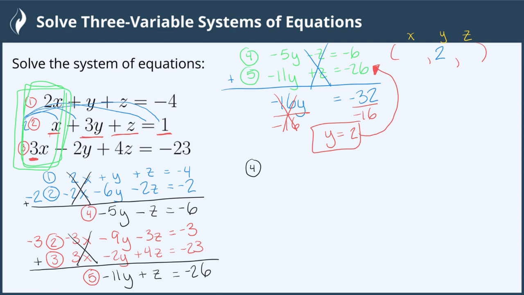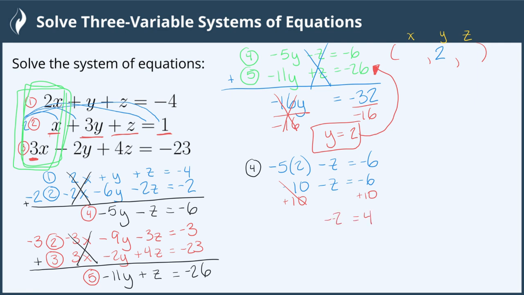So we get negative 5 times y, so we'll substitute the y in with parentheses, minus z equals negative 6. Negative 5 times 2 is negative 10, minus z equals negative 6, and to solve for z, we'll add 10 to both sides. Negative 10 plus 10 cancels, and negative 6 plus 10 gives us positive 4.